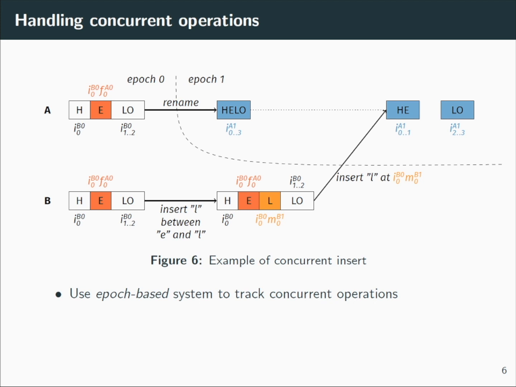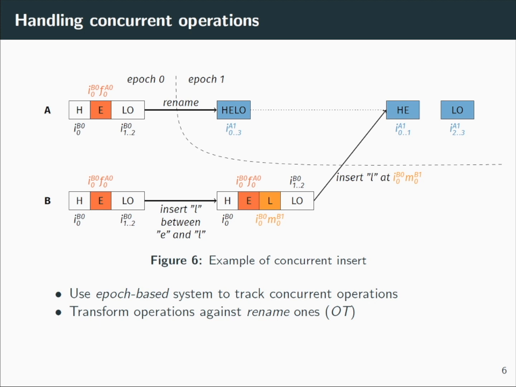So when you receive an operation, by comparing the epoch of the sequence to the epoch of the operation, you can detect if you apply concurrent rename operation. If that's the case, you need to transform the insert operation, for example, against the effect of the rename. So what we are doing is basically applying some operational transform technique.